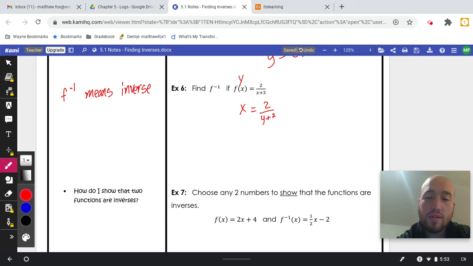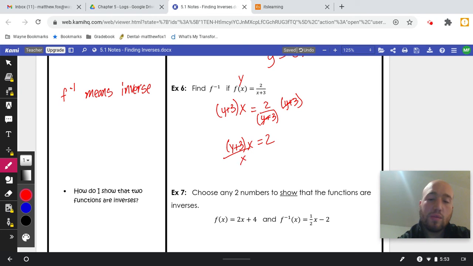Now this one maybe is a little weird because the y is on the bottom. If we multiply that by the same thing as the denominator, that'll cancel out. But if I do it on one side, I also have to do it on the other. Now, we could multiply that x in, or we can just leave it as such and now divide by x.